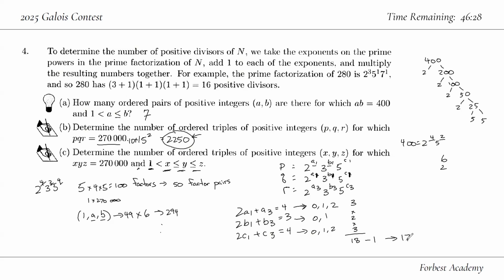This gives us 17 ways of having 2 numbers repeated.